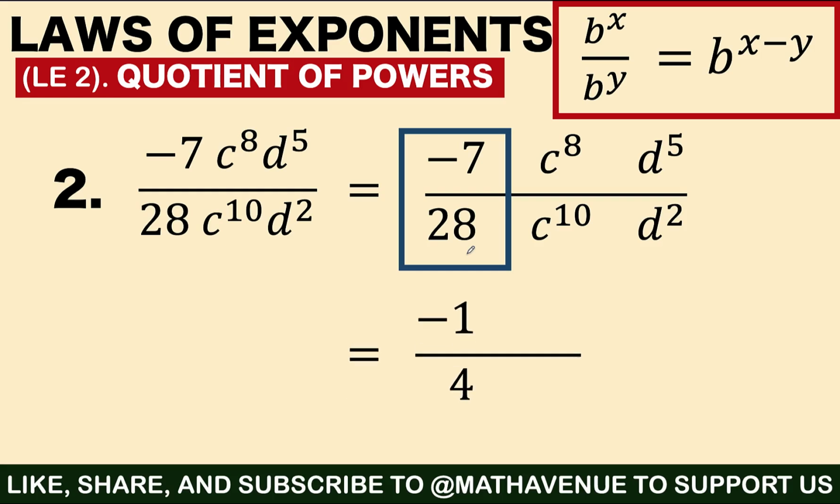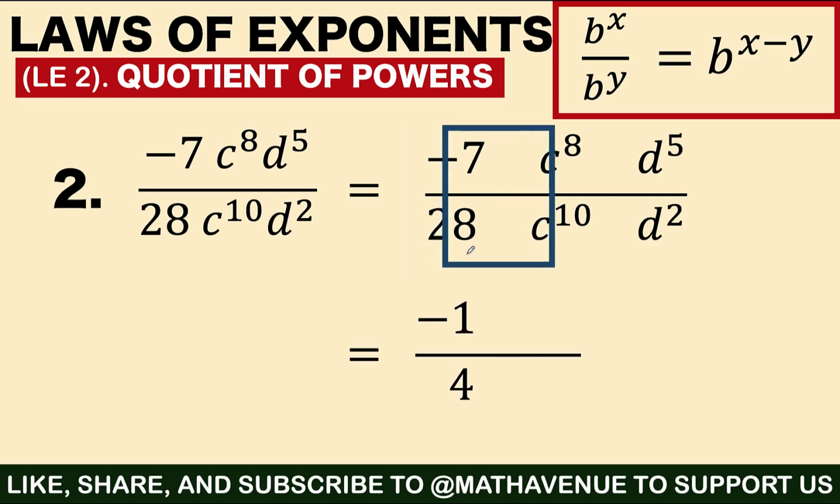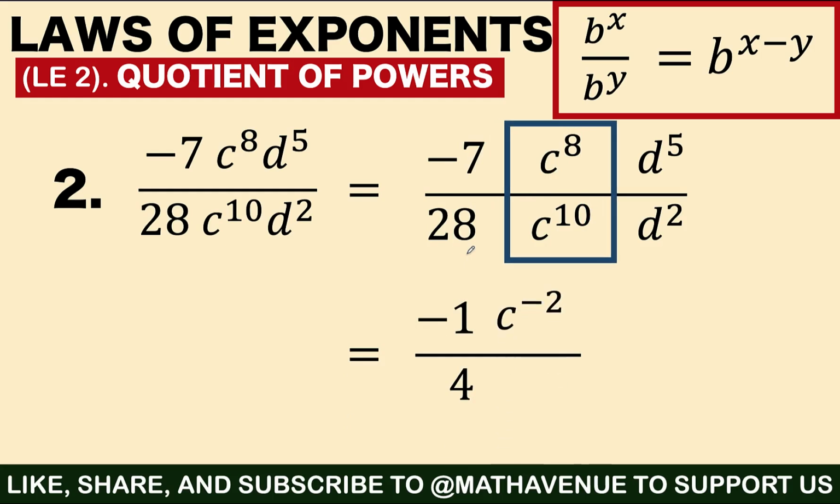C to the 8 divided by c to the 10th, that becomes c to the negative 2, following this formula. But we also said that this c raised to negative 2 can be brought down by writing 1 as the numerator and making this c raised to negative 2 becomes c to the positive 2. So it looks like that now.